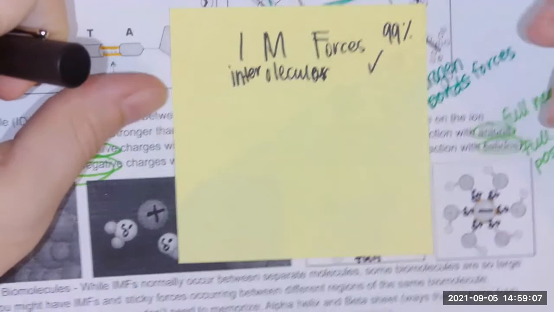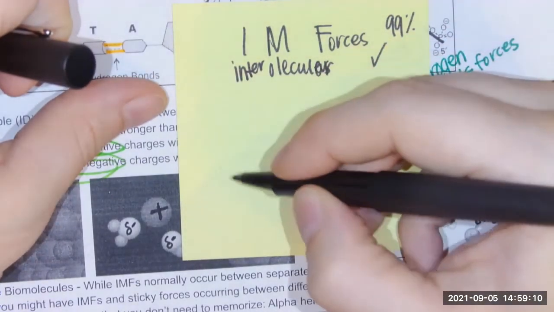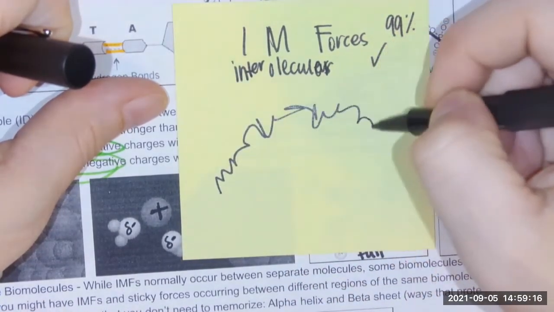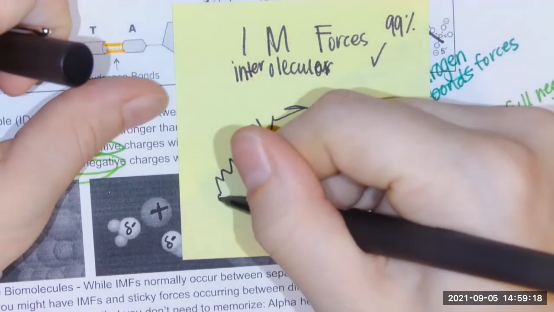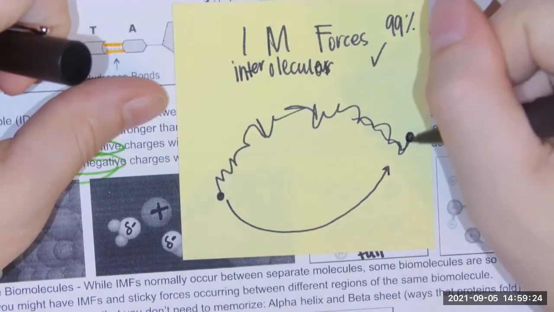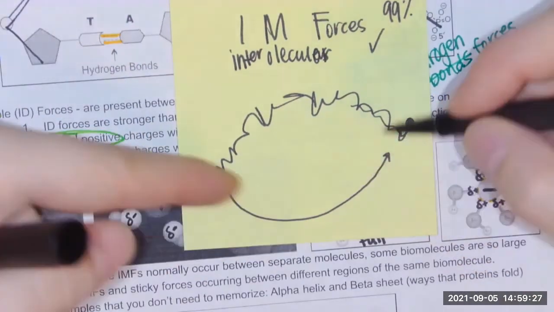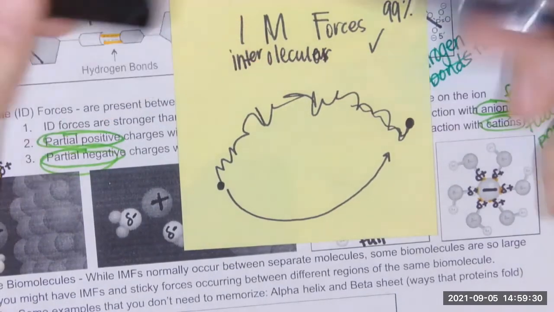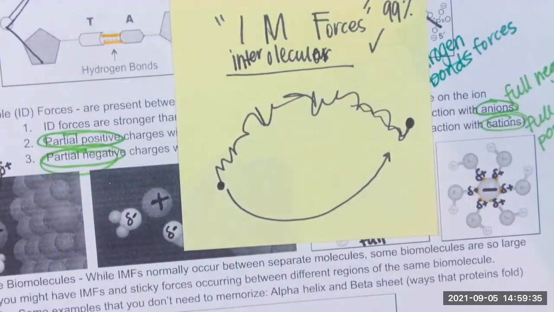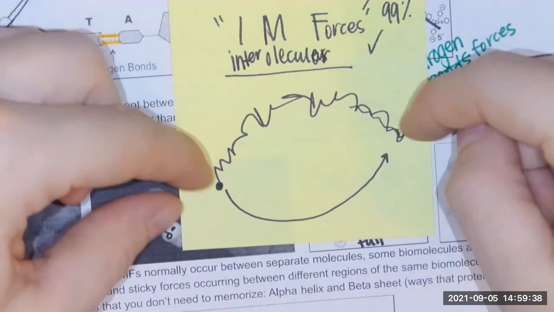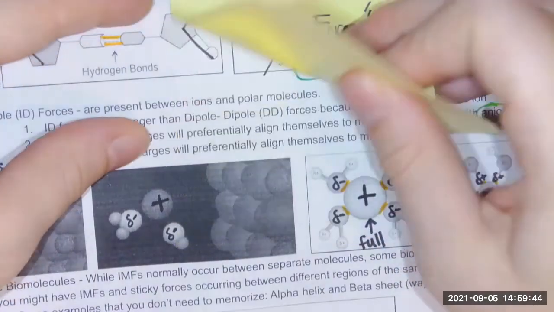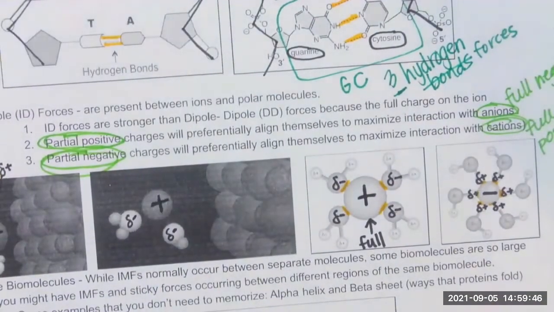But what if we had a molecule that was so big, just really ginormous, that this side could fold itself around and interact with this side, almost as if they were different molecules? That can still be called intermolecular forces. If the molecule is so big that it can fold backwards on itself and the two ends can interact as if they were separate, then that's the exception to this.